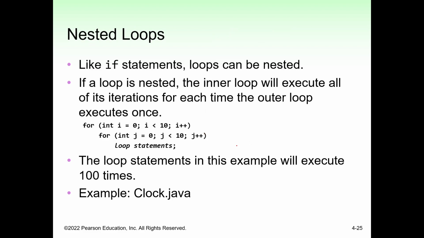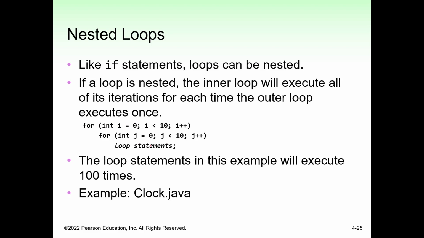Now, nested loops are the same idea as nested if statements. The same way as we can nest our if statements, we can nest our loops. And while our loops are nested, our inner loop will execute all of its iterations for each time your outer loop executes once.